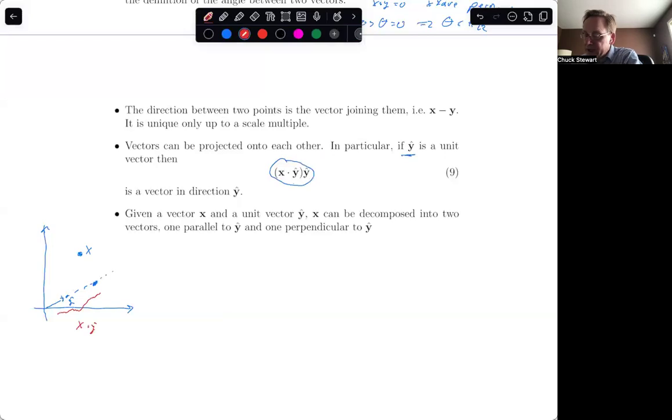And so this is a vector. I'll draw just like that. The distance is x dot y hat. As a vector, it's x dot y hat times y hat. So that is the projection of x onto y hat.